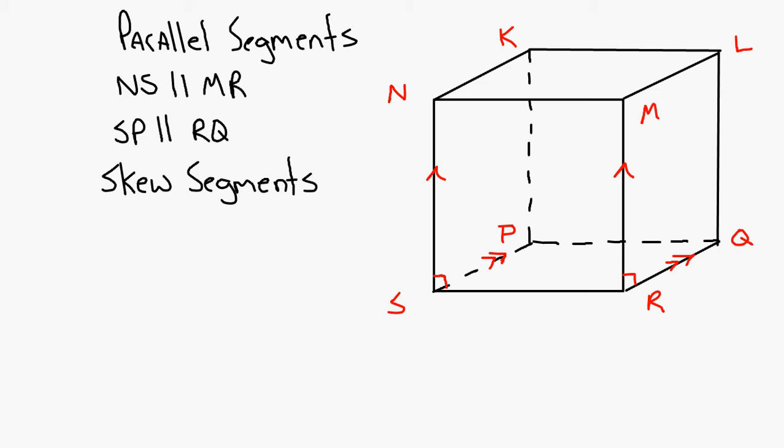It's the front left corner of this box. And K to L is in the back and top plane of the box. They're segments that are in two different planes, and they do not intersect. That is the definition of skew segments or skew lines. So in this case, NS and KL are skew.